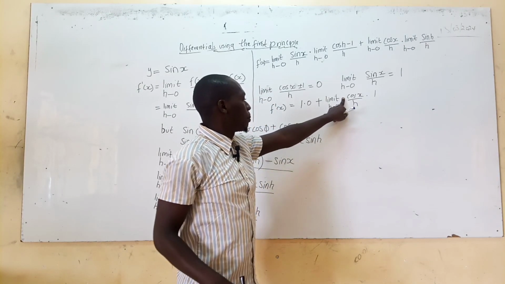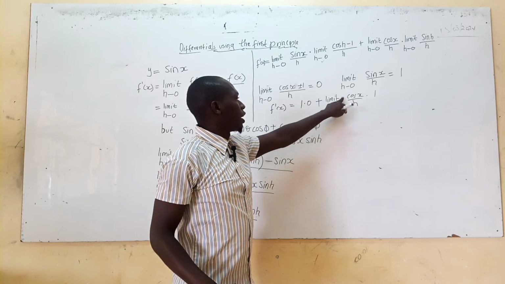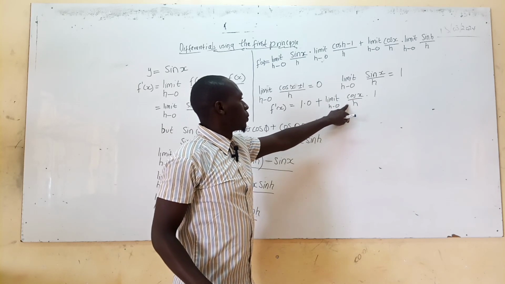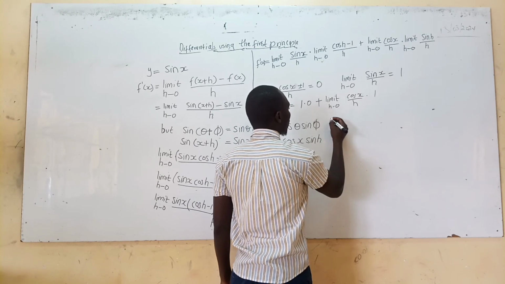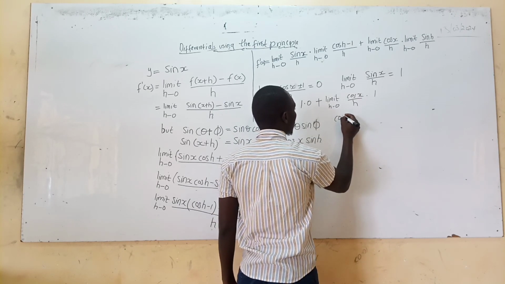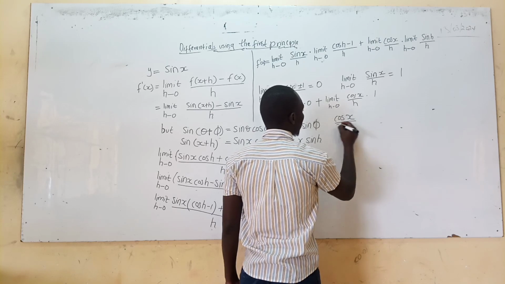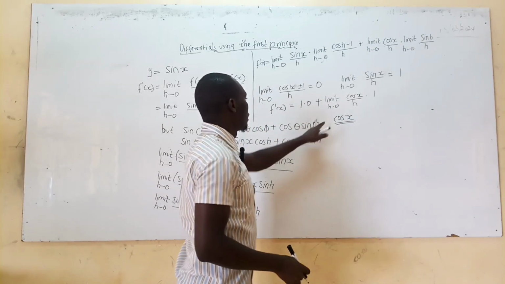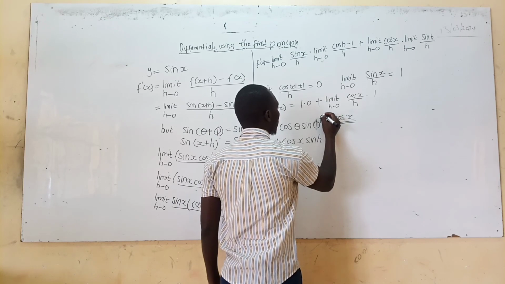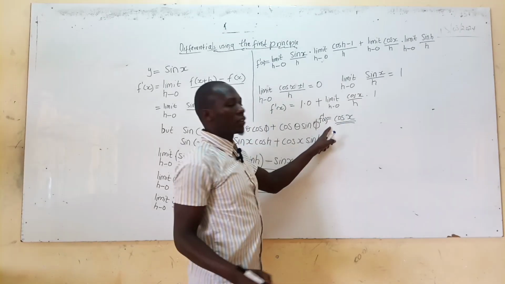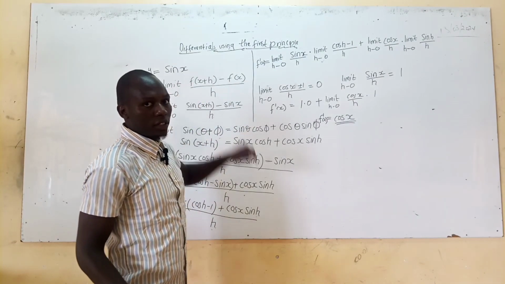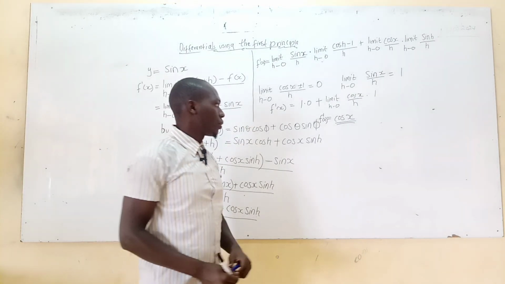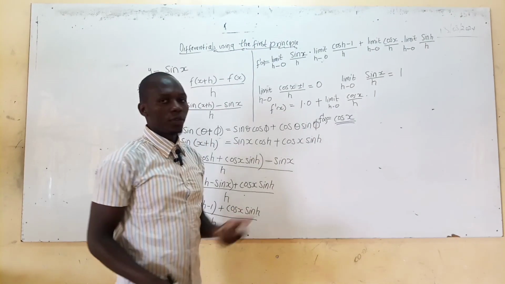Since we don't have a term of h in the numerator, we only have a term of h in the denominator, this one is going to cancel out and give us cos x as our answer. And this is now the differential of the function sin x. And that is how you go about the differential of sines.